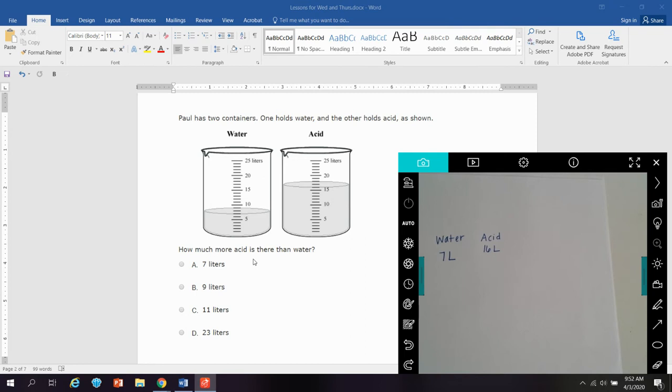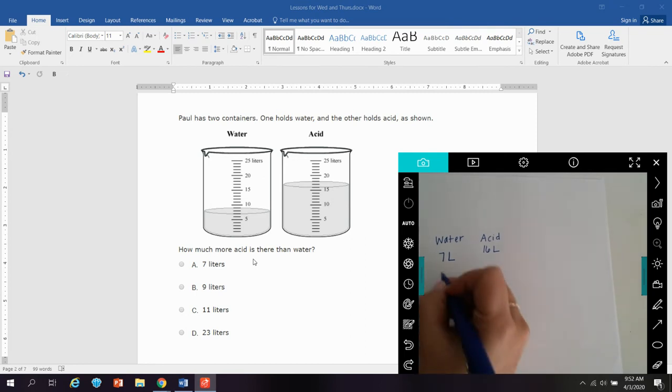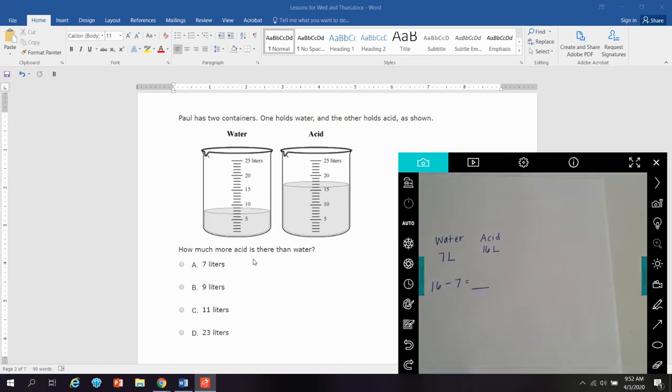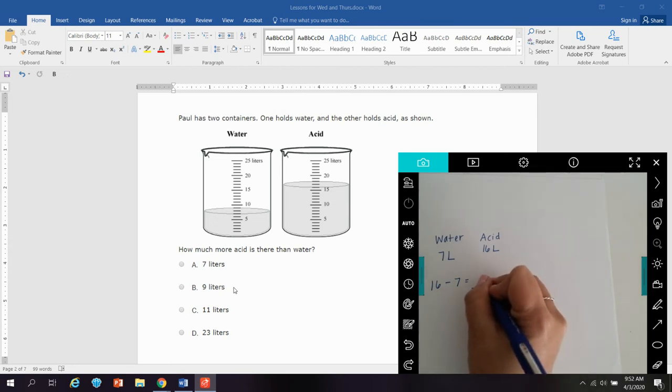So I'm going to start off with 16 minus 7, that's how much water there is, and figure out my answer. Hopefully it's one of the answer choices, and I do see that it's B, 9 liters.